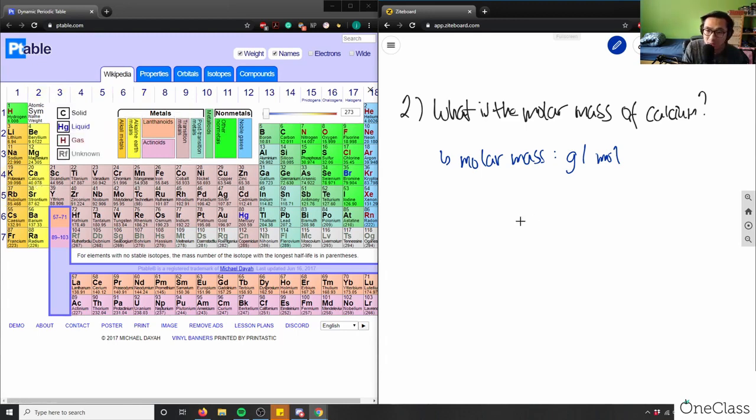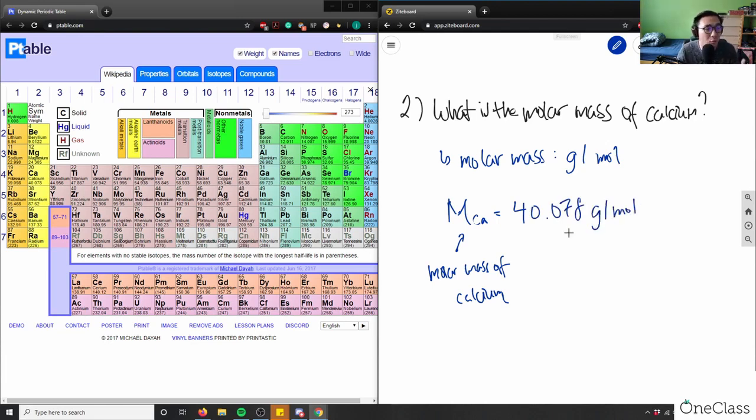So the molar mass of calcium, which I denote using a big M, equals 40.078, and this is in grams per mole. Basically, it's saying in 1 mole of calcium, I have 40.078 grams.